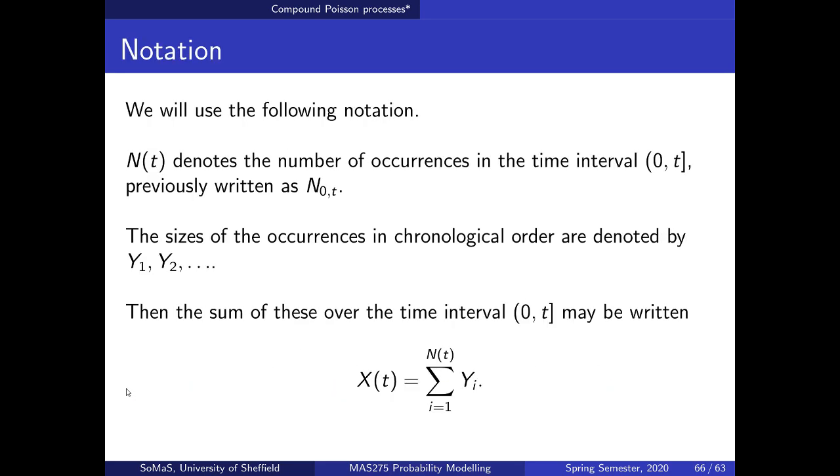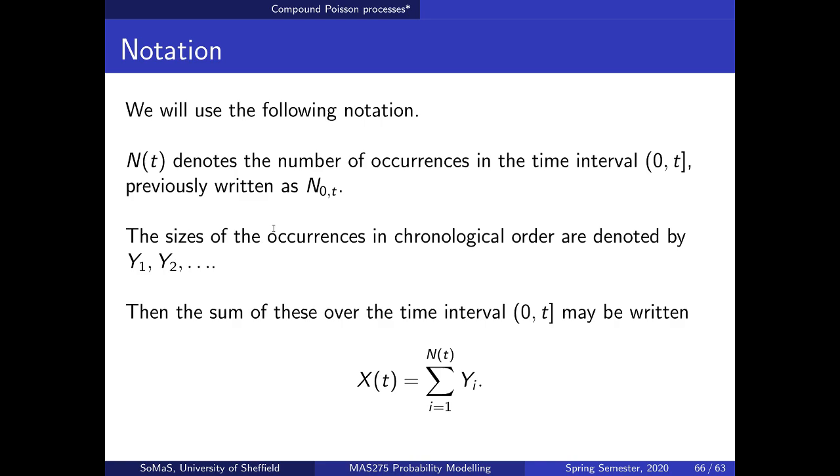So actually quite simple. N of t is the number of events occurring before time t, and then I'm given these variables Y1, Y2, Y3, which are the sizes of my occurrences.